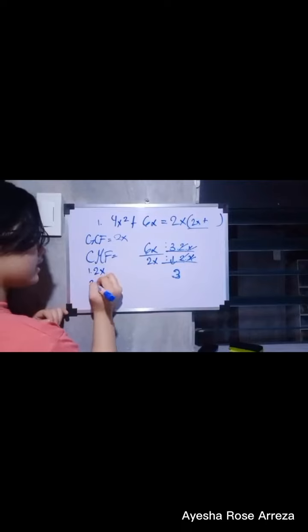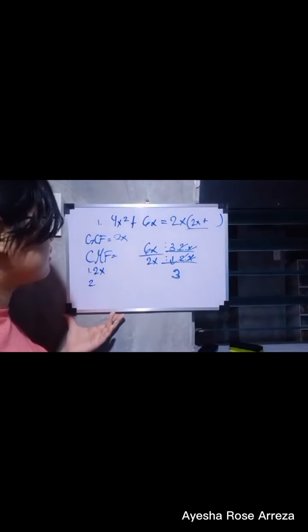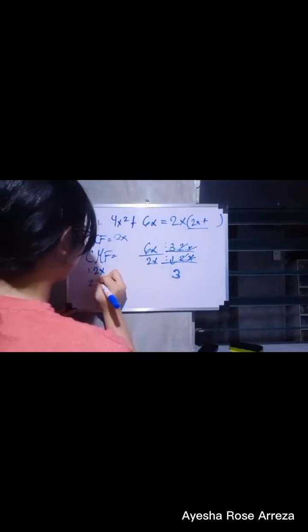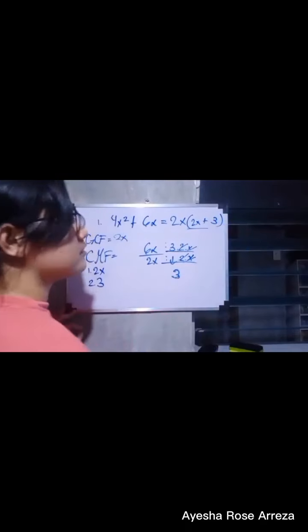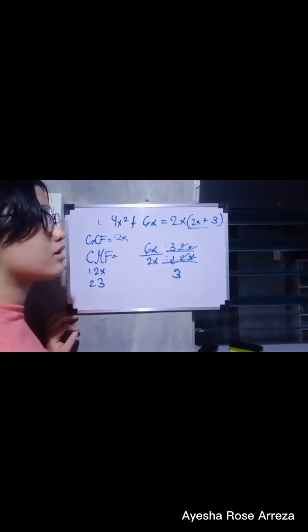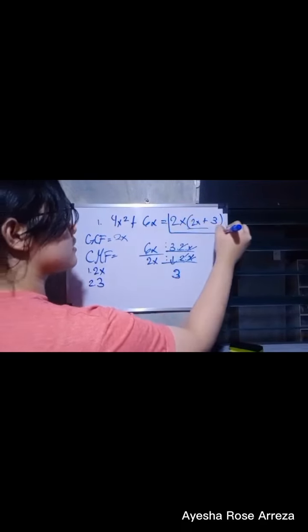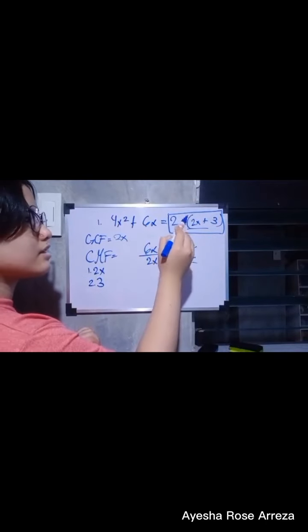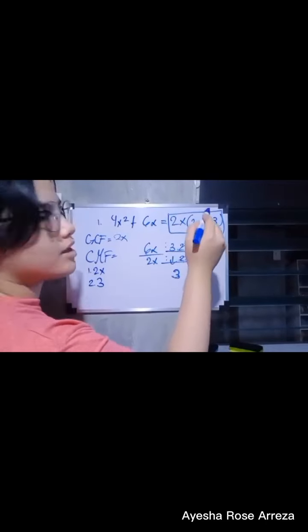That is our second, or our last needed, common monomial factor. Here, we'll put it up here too. So as you can see, this is our common monomial factor here. It is 2x parenthesis 2x plus 3 parenthesis.